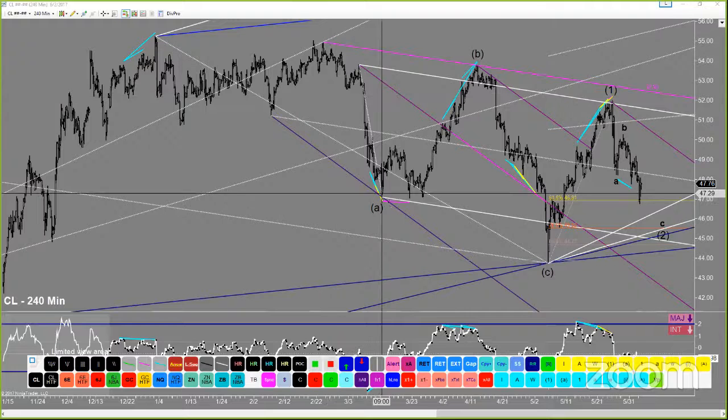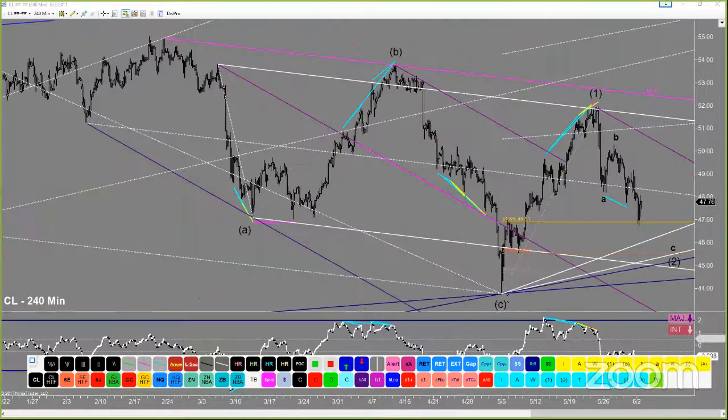So a pretty clear looking 3 waves down, and then we get this fast push out of the low, and have since found resistance, turned down, and this is now what we're looking for to be moving higher from here. So I'm actually favoring this as an A, B.